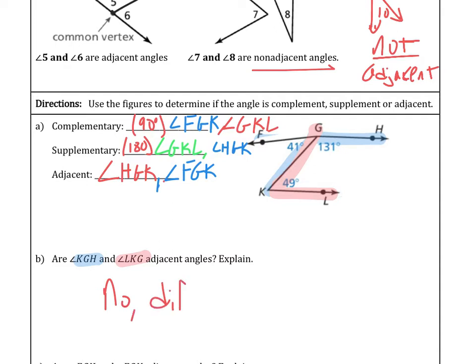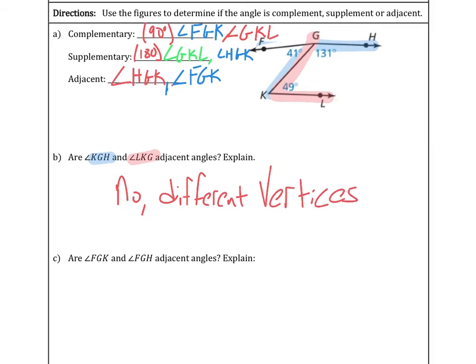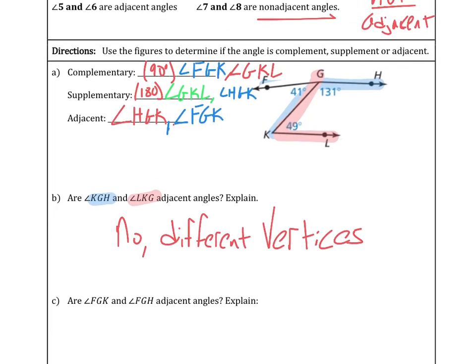They have different vertices. Vertices is plural for vertex. All right. What about FGK and FGH? Are those adjacent? FGK and FGH. Well, similar idea. They're no.